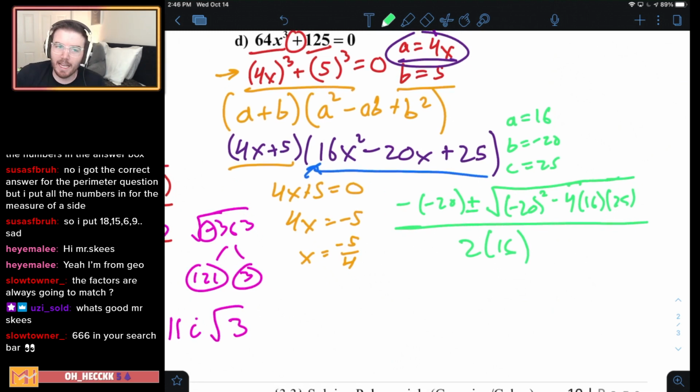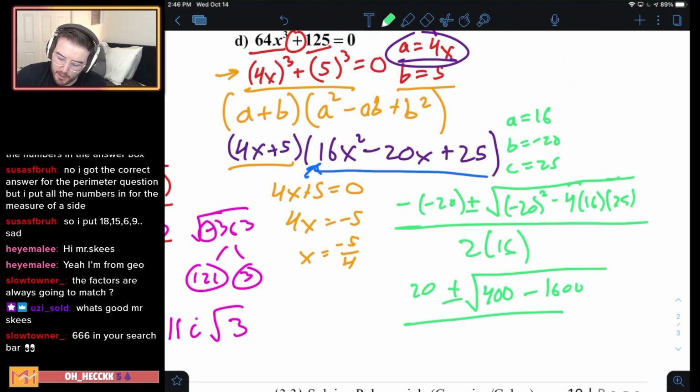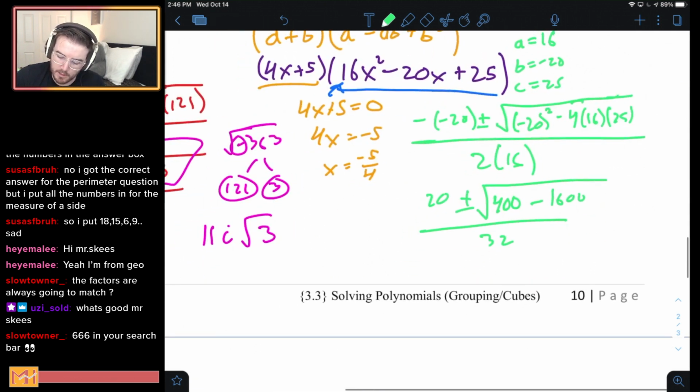So a negative 20 results in a positive 20, plus or minus the square root of that is 400 minus 4 times 16 times 25 is 1600, all over 32.